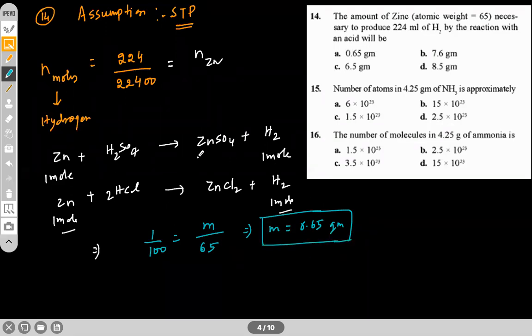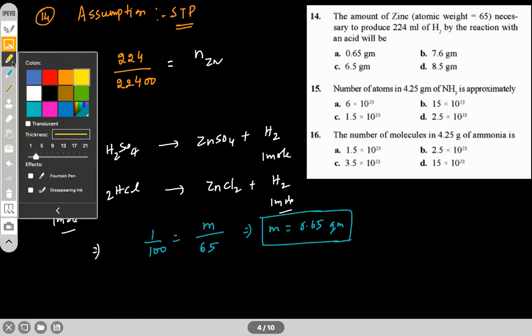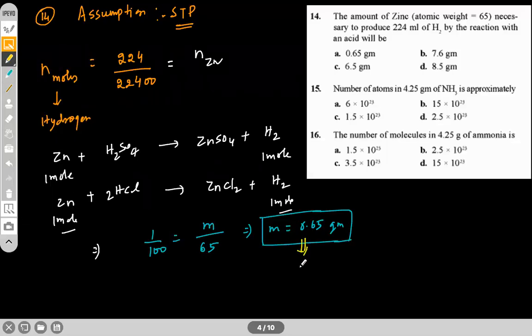Answer is option A. Easy one, right? Again, this kind of information you should have. Try question number 15.